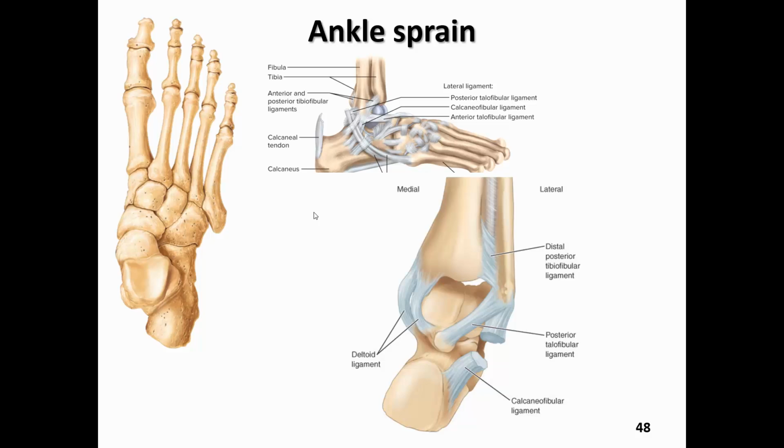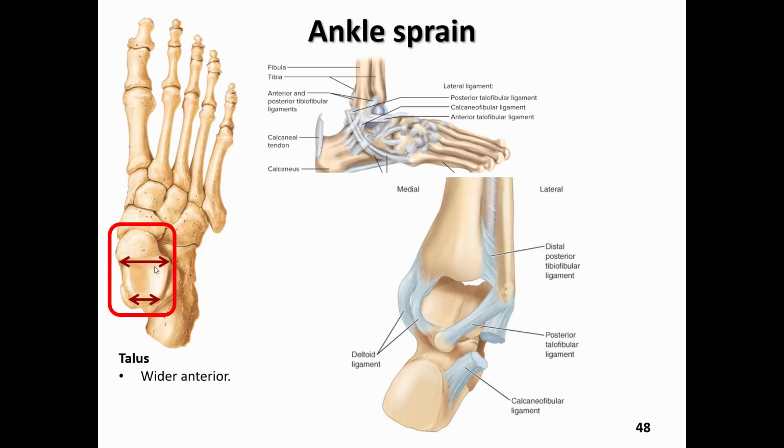We take a look at the ankle joint. One unique feature of the ankle joint is the talus, which is one of the more proximal tarsal bones of the foot. The talus articulates with the distal tibia, and it is shaped so that the posterior part of the talus is narrower than the anterior part.